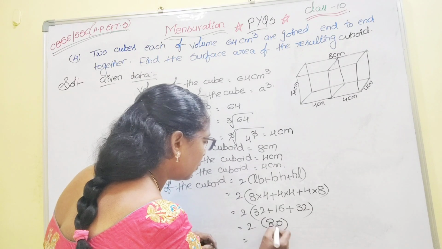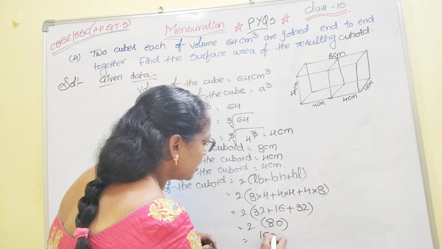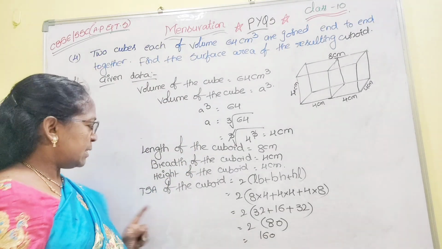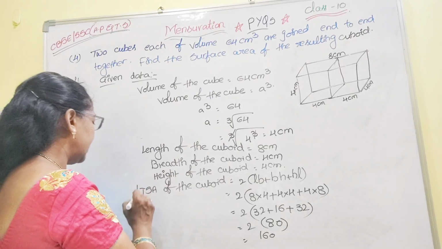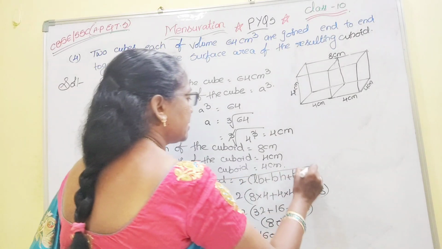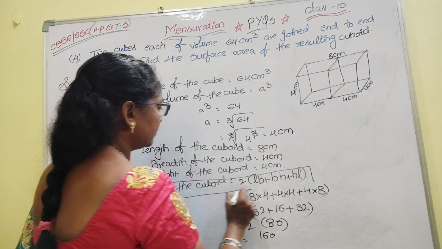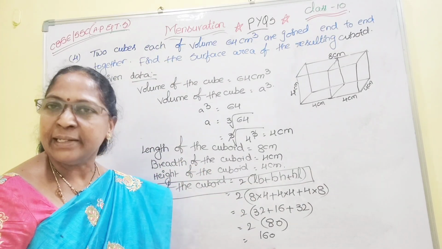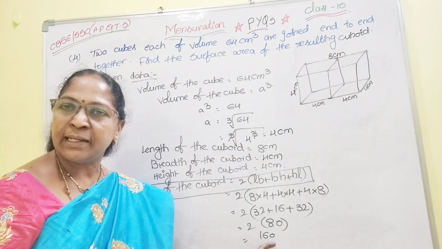Now multiply 2 8s are 16, 1 0 is there, write 0. What is this value? This is the TSA of the cuboid. This you have to highlight like this. So 160 area, this is the surface area of the cuboid.